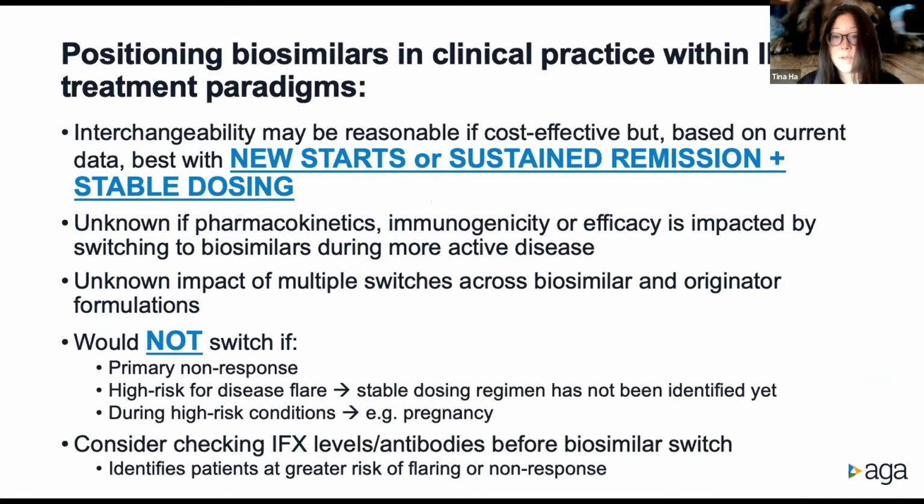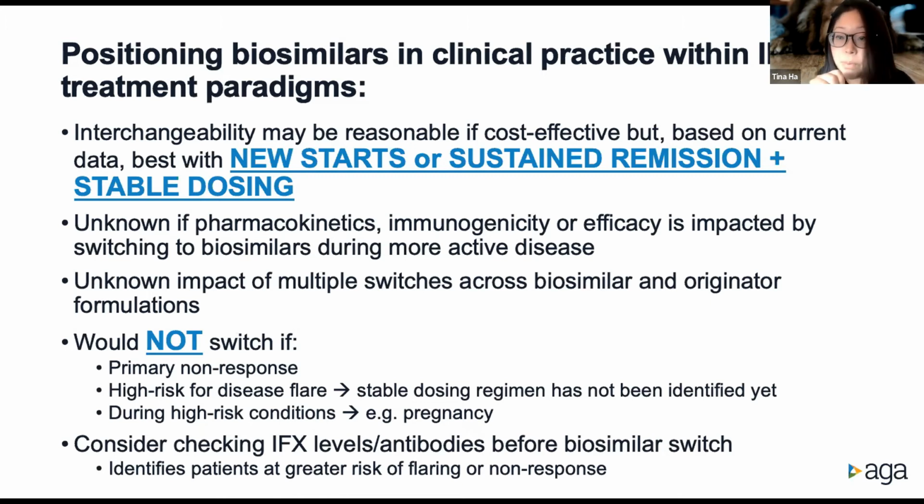And I think that this again highlights a lot of the concepts that Bincy mentioned in terms of positioning, or how we would use biosimilars. I think bullet points 2 and 3 are reiterating some of the discussion we had with the considerations versus concern slide in Mark's session.